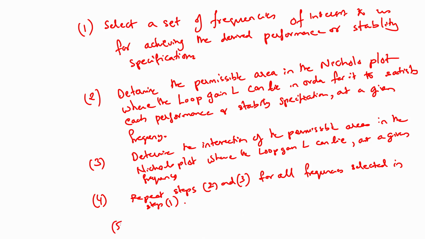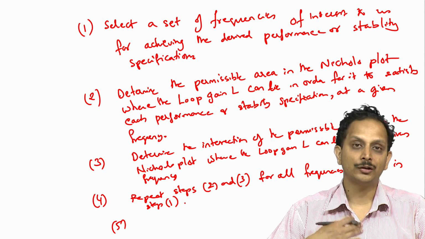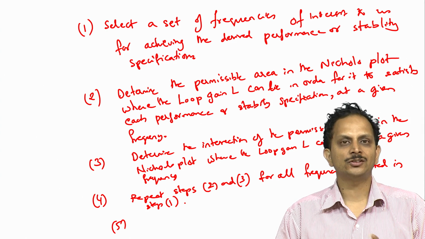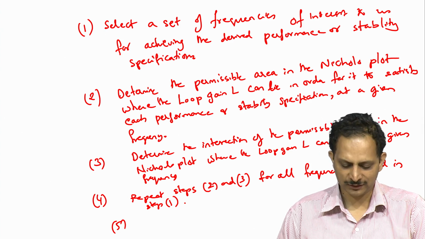And the last step is, once we have clearly identified the permissible areas in the complex plane or in the Nichols plot where the loop gain can lie at each of the frequencies of interest to us, we then come up with a controller that will make sure that the actual loop gain of the overall open loop system assumes values within these permissible areas, and this is part of the loop shaping exercise.